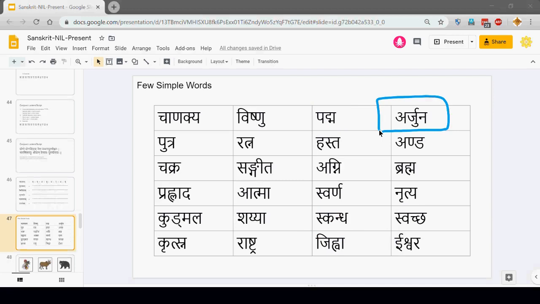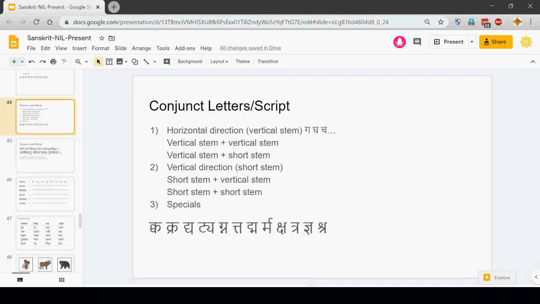Arjuna. Yeah, Arjuna. So here also, when there is an r sound coming in the beginning, followed by some other consonant, a special notation is followed like this. So we have karma, written like this.